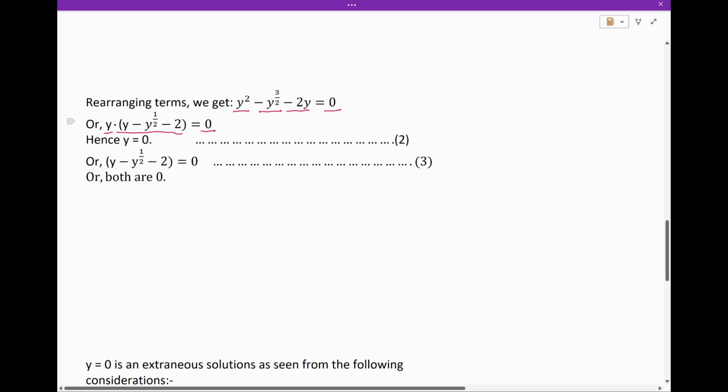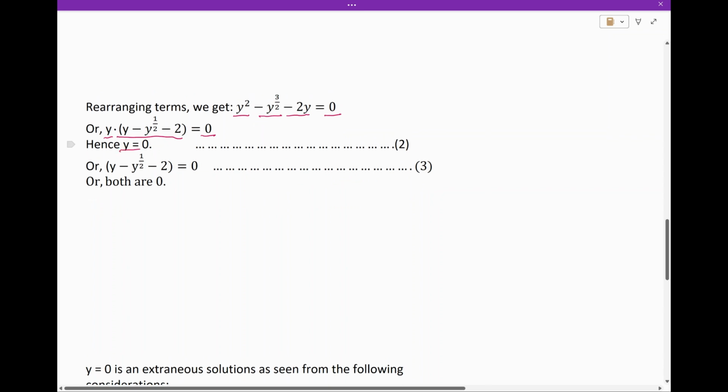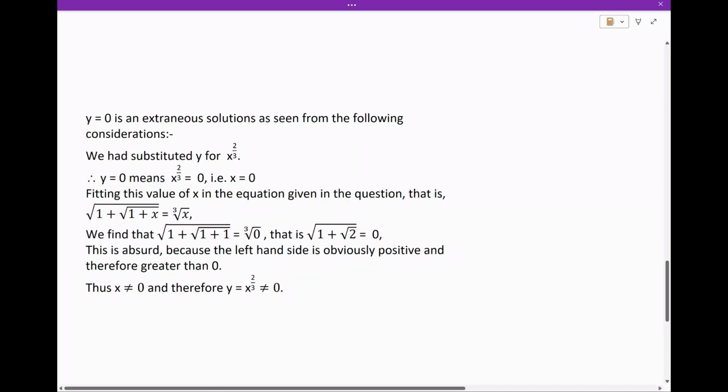Therefore, either y is 0 or y minus y to the power of half minus 2 is 0, or both are 0. y is equal to 0 is an extraneous solution or spurious solution, as seen from the following considerations.